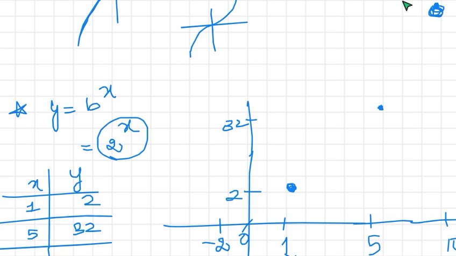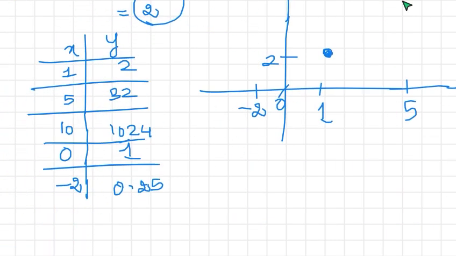For 0, 1, so it's around here, right? For -2, 1/4. Can you spot that point? Negative 2 comma 0.25.